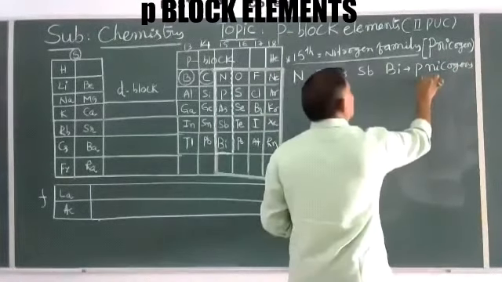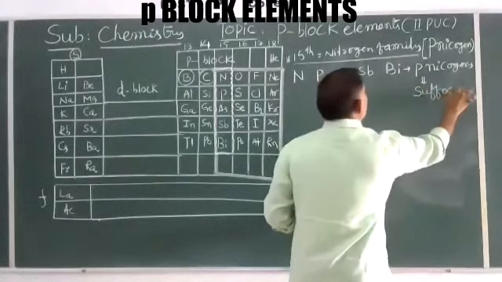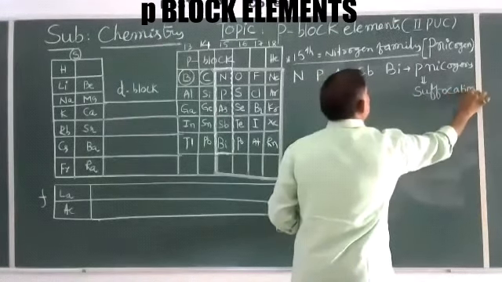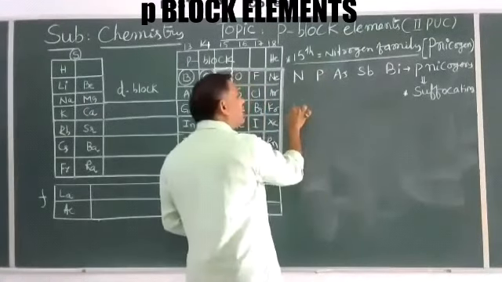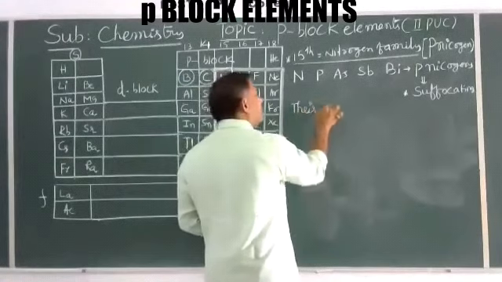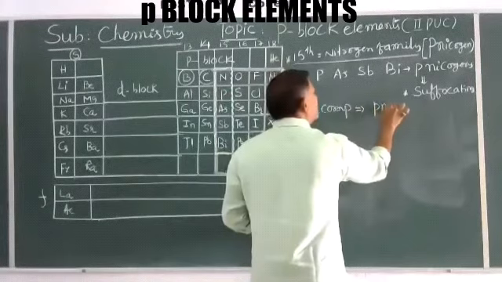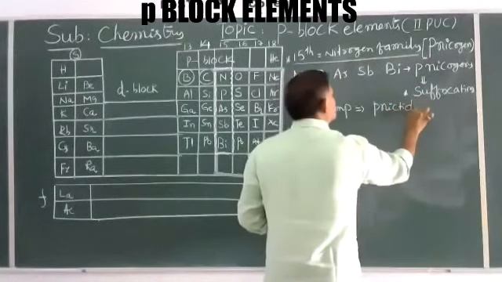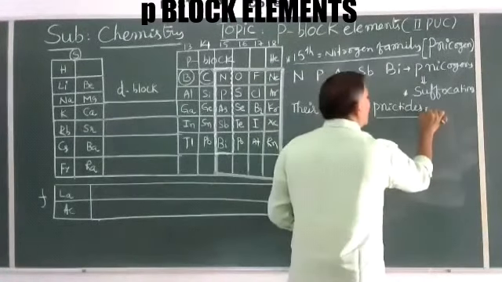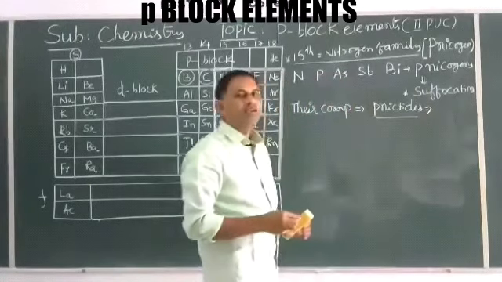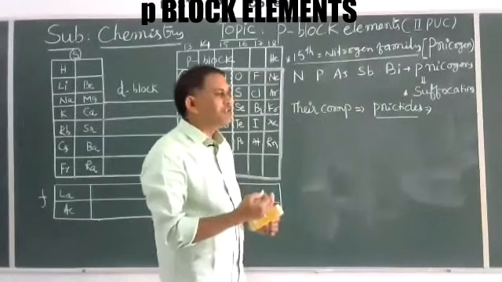These generally create suffocation, or suffocating compounds, and their compounds are called pnictogenides or pnictides, P silent, because these compounds create suffocation and create some pressure.